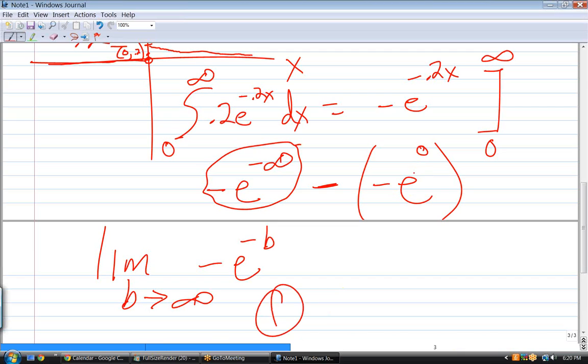This is 1. Negative e to the 0 power is 1. So the answer would be negative 1? Hold on, maybe. Either negative 1 or positive 1.